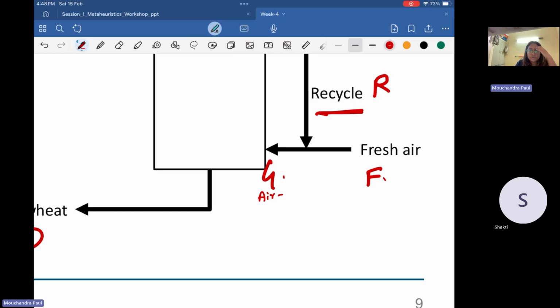Similarly, 18 into 0.0123 will be 0.2214. So what will be the mass fraction? First the individual masses and then the sum. Let's do the sum here quickly.